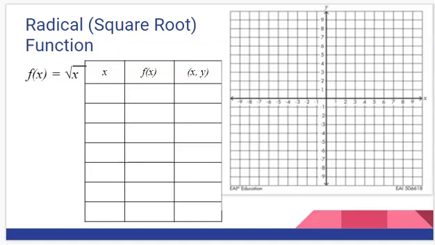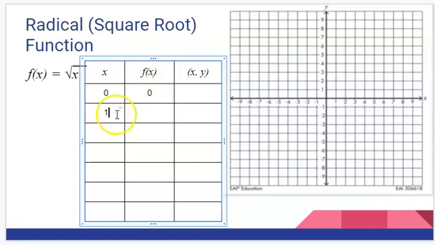So we could start at 0, because the square root of 0 is just 0. And then we could do 1, because the square root of 1 is 1. Now 2, the square root of 2 is an irrational number. That's a decimal, so I don't want to do that. I want to go to my next perfect root, which would be 4, because the square root of 4 is 2.